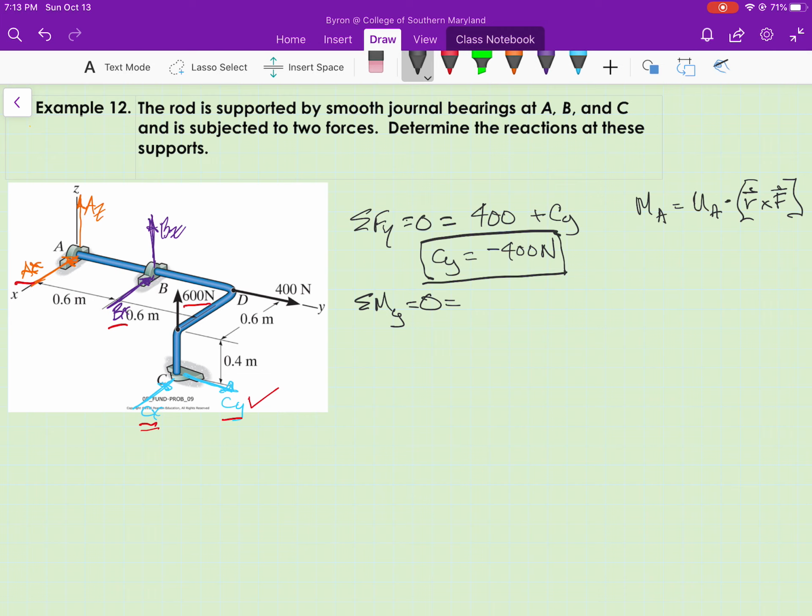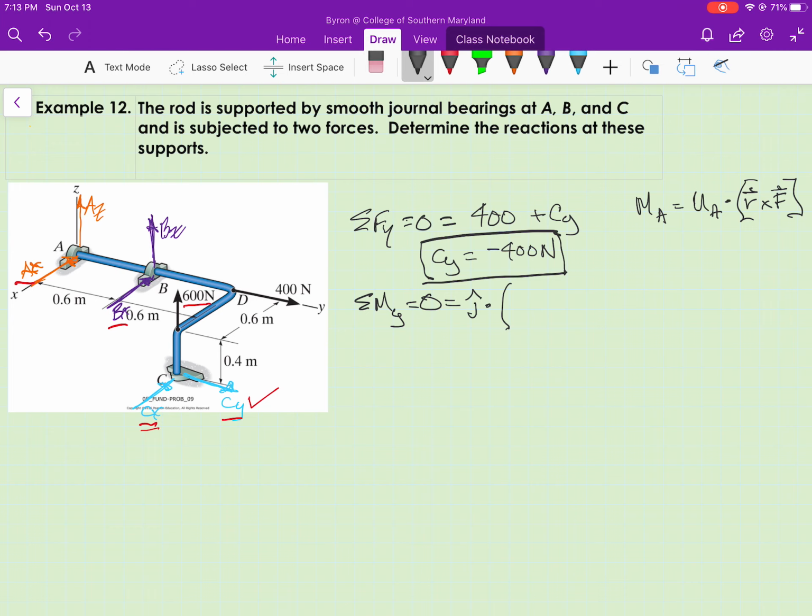Okay, well, in this case, my axis is the y-axis, which has a unit vector of j. So I'm going to dot j into the moments about the y-axis caused by any forces that create moments about the y-axis.